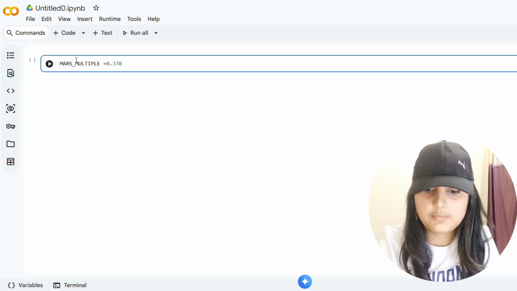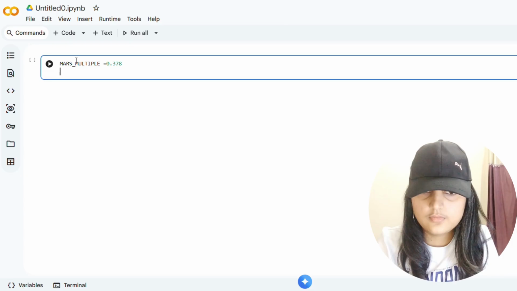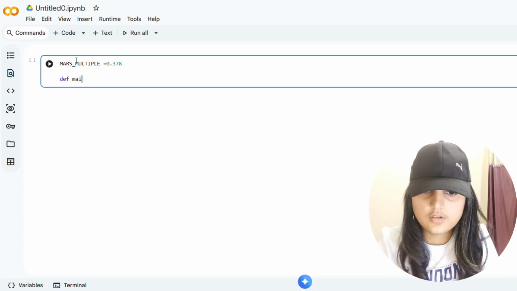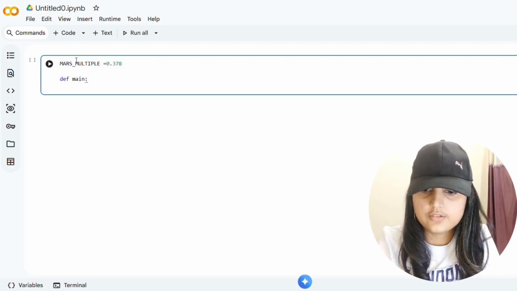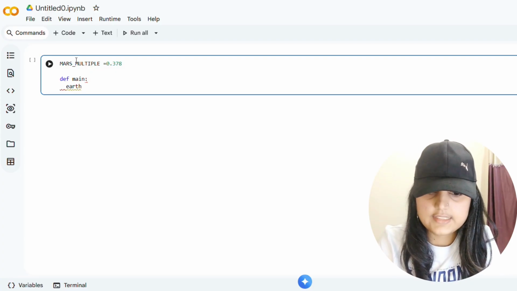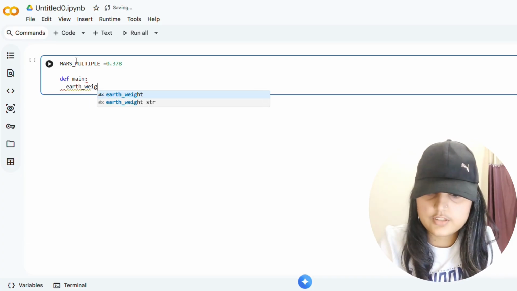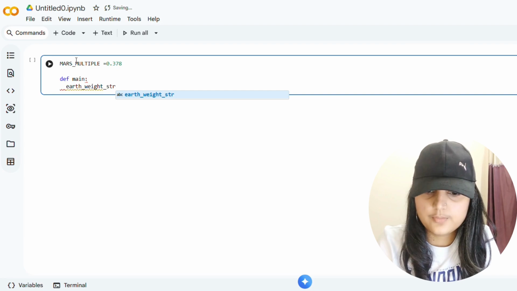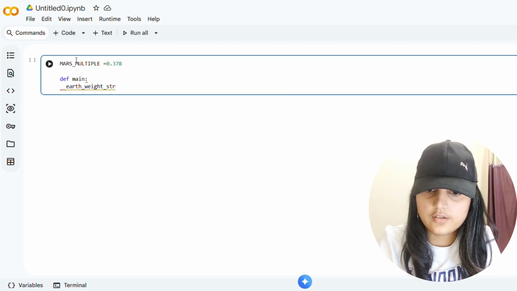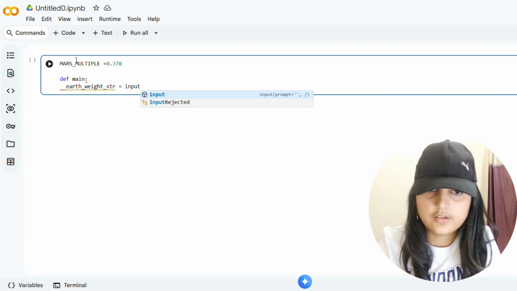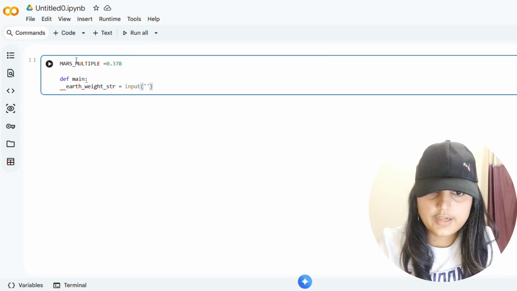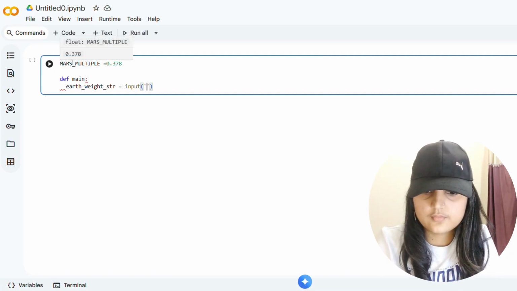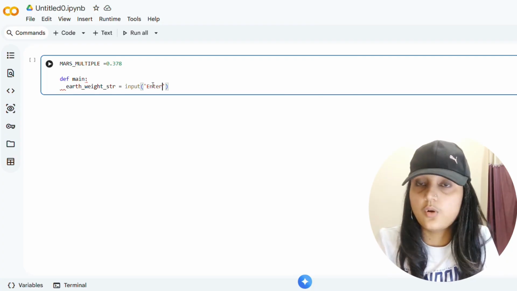Next we would be defining the main function, and Earth weight str is equals to input, enter weight on Earth.